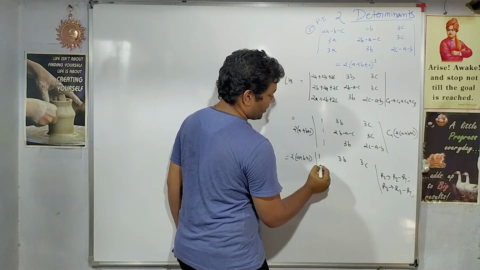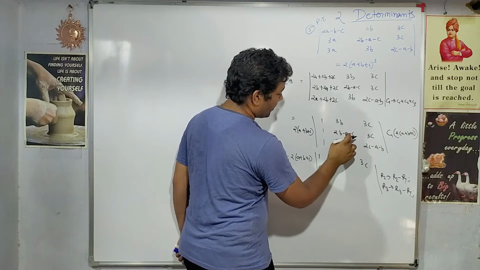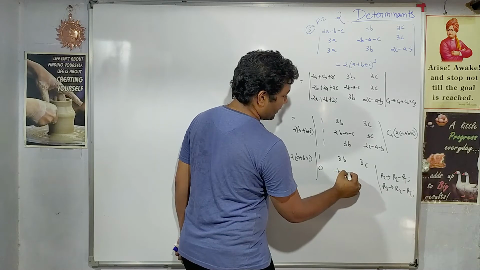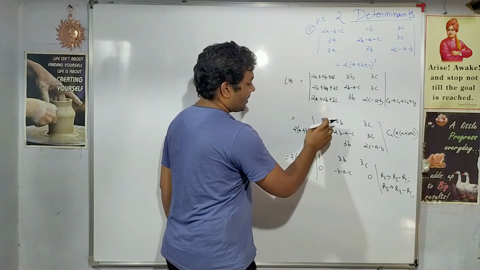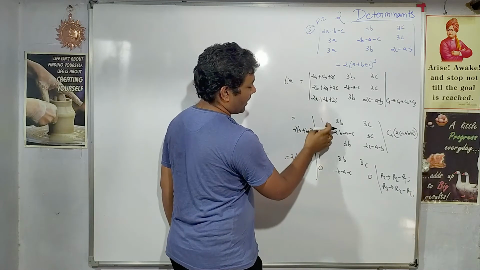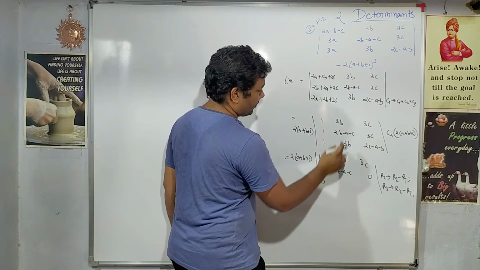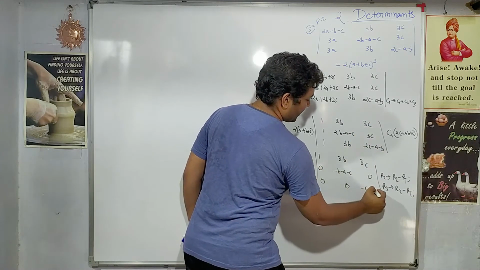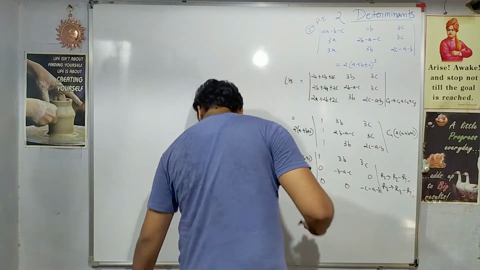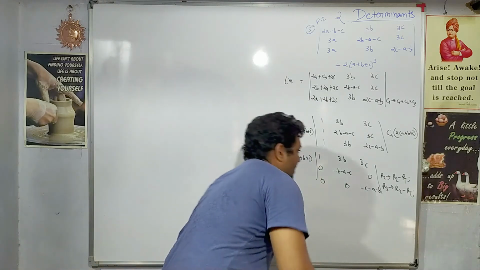If I do the subtraction here, 0. Here, it will leave minus b, minus a, minus c. Here, 0. Similarly, if I do the subtraction of R1 and R3, 0, 0, here it will give me minus c, minus a, minus b. Simple. Now the solution is very simple.